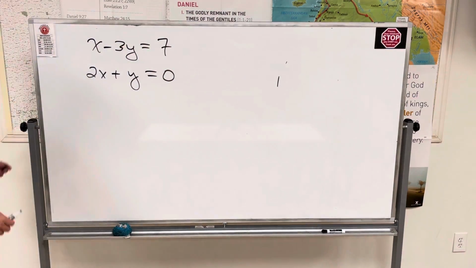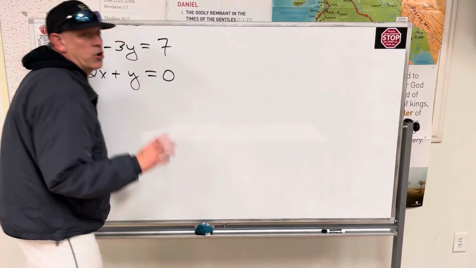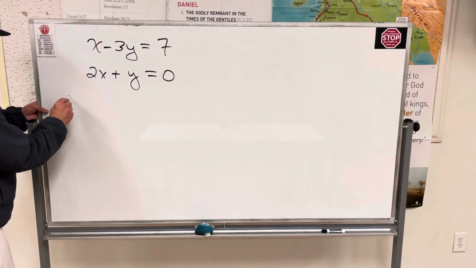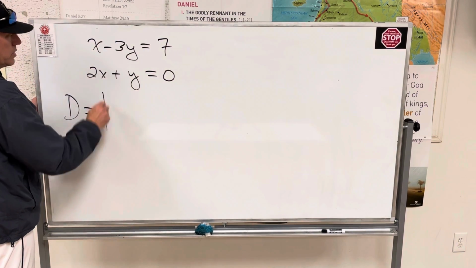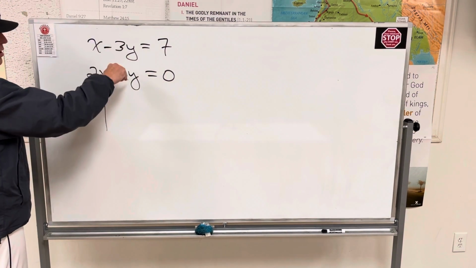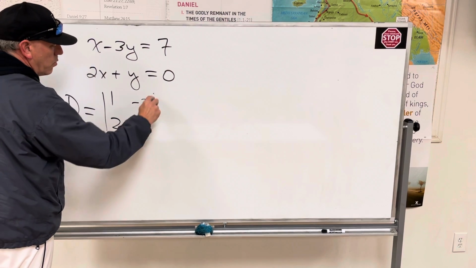Let's suppose those are our numbers, okay? Now, again, we have three determinants here. We have d. D is just using the multipliers in front of the variables here: 1, 2, minus 3, 1.